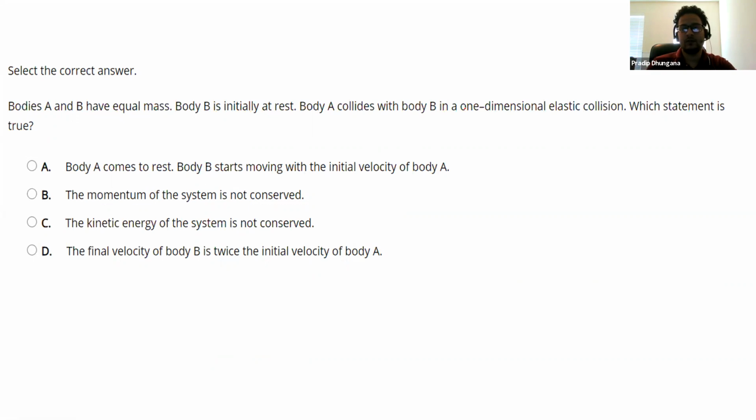Body A collides with body B in a one-dimensional elastic collision. The collision is elastic, that means kinetic energy is conserved. Which statement is true? Based on your understanding of the elastic collision, try to answer this question. I'll give you some time and then I'll answer that question.